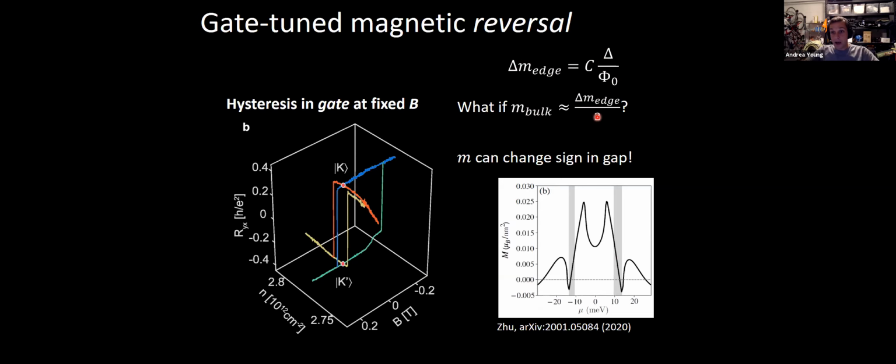Okay, and if there's disorder and pinning, then you'll have some hysteresis. And when you overcome those barriers, you will switch because you've actually tuned the sign of M in a given valley. You've now reversed them. And now the ground state has switched to being in the other valley, even though you haven't changed the magnetic field. You just switched the sign of M overall.